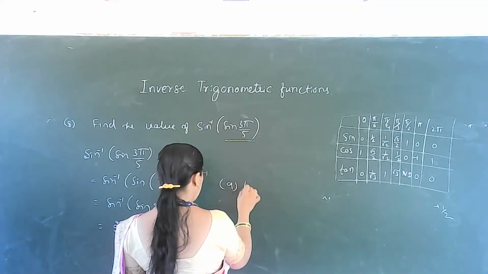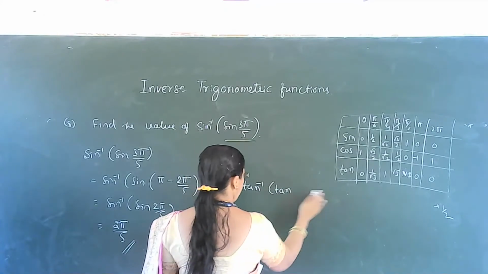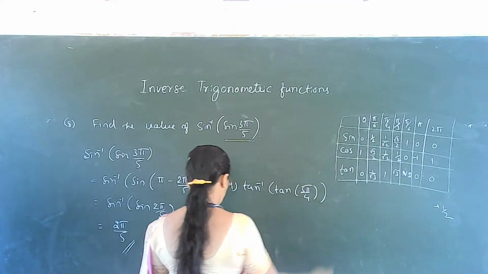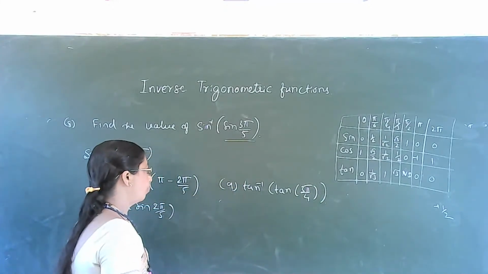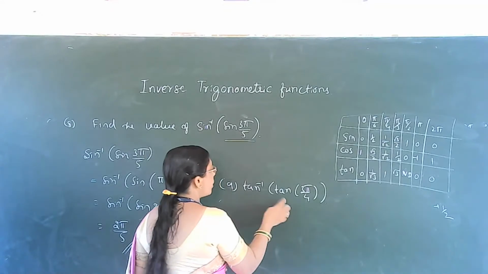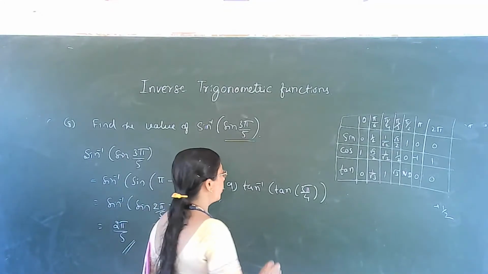Next, the ninth one: tan inverse of tan 3 pi by 4. Here also, you should not write tan inverse tan cancel and the answer 3 pi by 4.